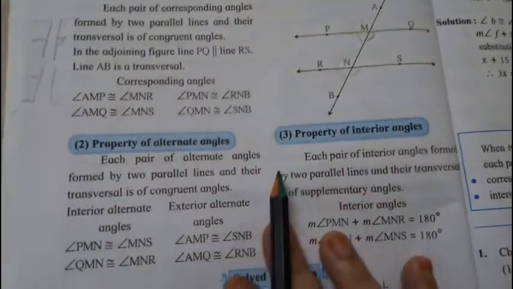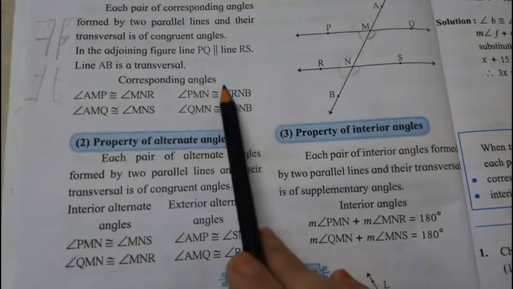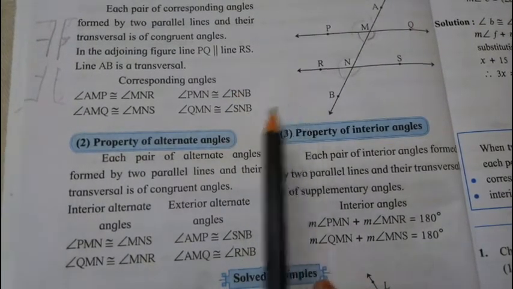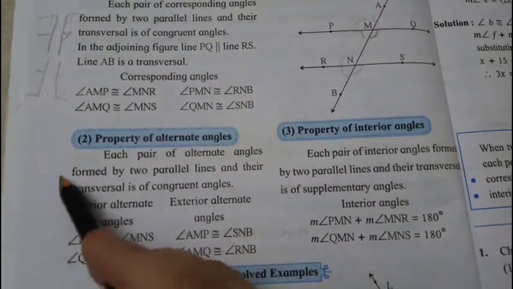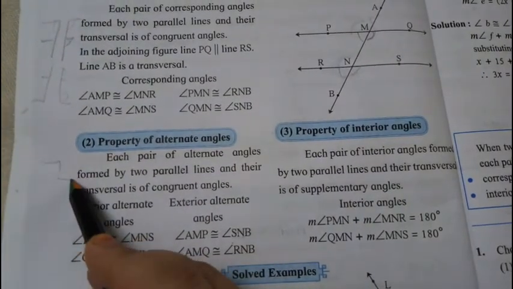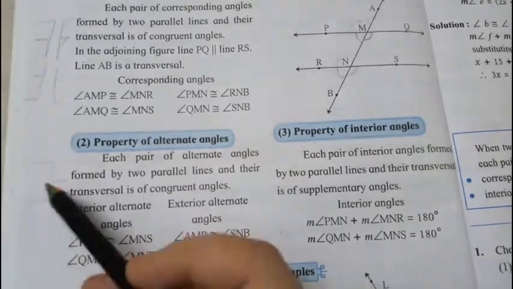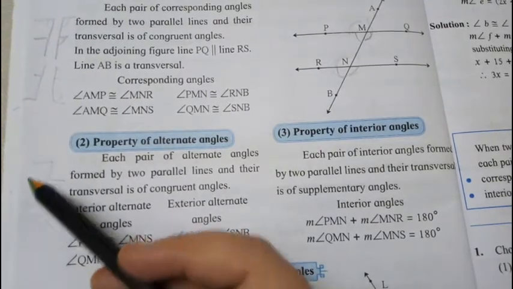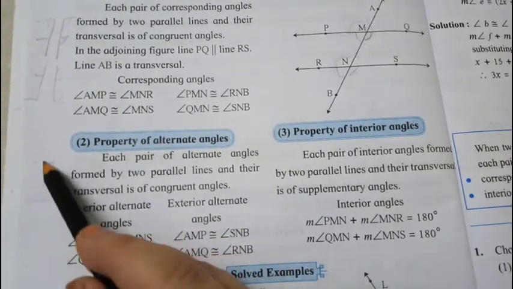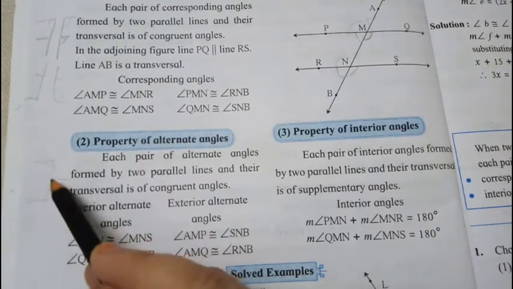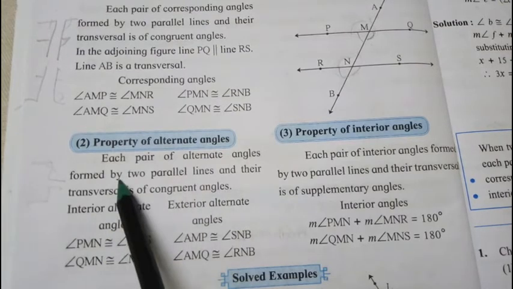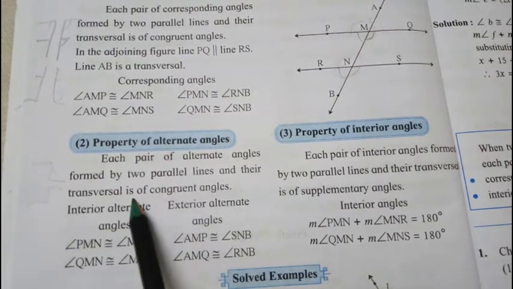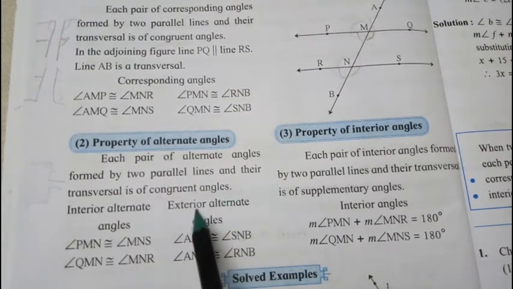So these corresponding angles are congruent. Now we will see the property of alternate angles, which are formed like the letter Z. There are two types of alternate angles, interior and exterior. Each pair of alternate angles formed by two parallel lines and their transversal is congruent, that means equal to each other.